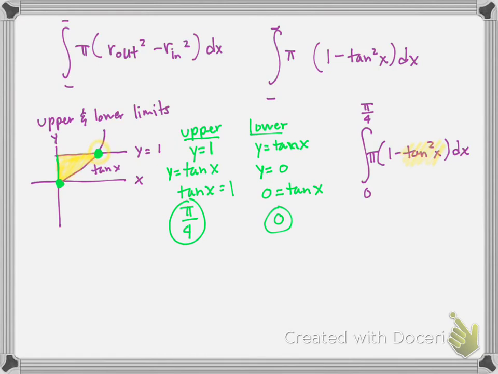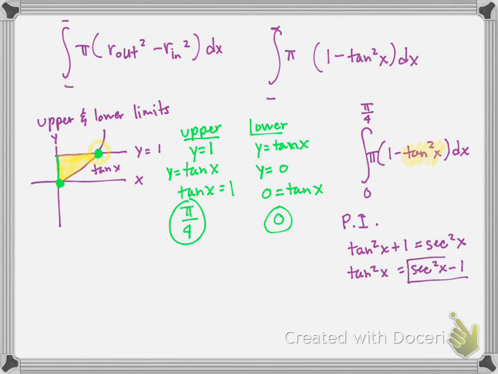So if you guys remember Pythagorean identities, remember that tangent squared x plus 1 equals secant squared x. And by the way, secant squared x, I have a rule for. So if I isolate tangent squared x, I get the statement that secant squared x minus 1 is equal to that.